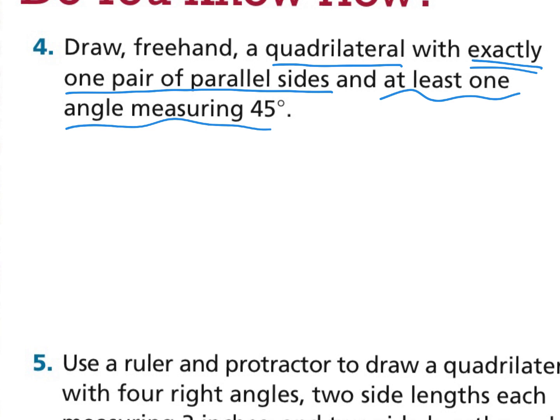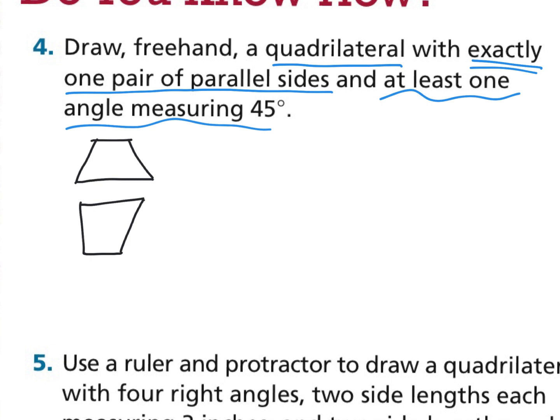It's a quadrilateral, so it's got 4 sides. If it has exactly one pair of parallel sides, let's think about what that is going to be. So if you think about it, if it only has one pair of parallel sides, that's going to be a trapezoid. So in our minds, we would want to picture what that's going to look like. So it might look like that, or it might look like that, but it's going to be a trapezoid is what we should come out with when we do this problem.